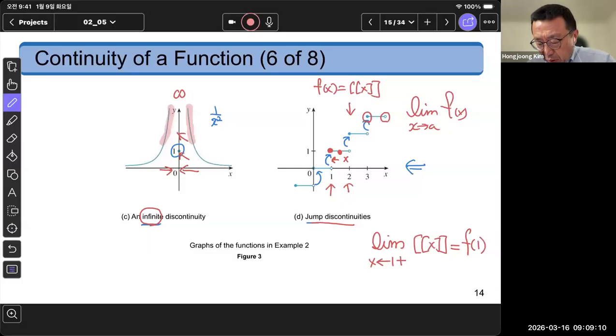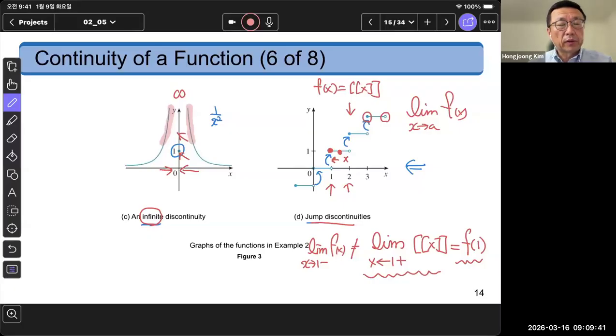Of course, the limit of this function as x approaches 1 from the left is different from this right hand limit. So these two limits are different, so we have discontinuity. But when I just look at one side of the function, the right hand limit, then that limit equals the value of the function at the point 1.